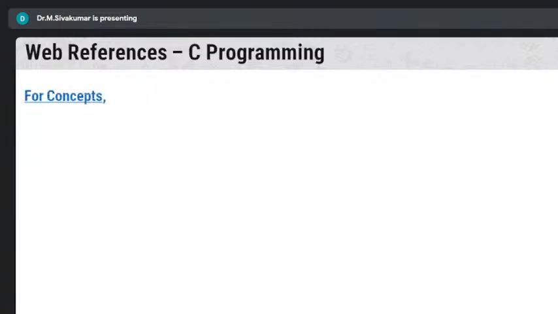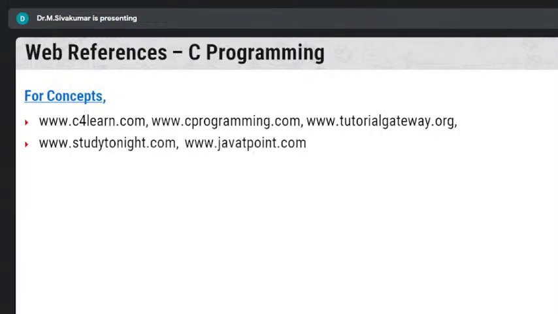And finally, I'm just suggesting some web references here. So please, these are all prioritized websites. Why I'm giving C for learn: for theoretical things, if you want to learn anything, go with C for learn. And for C programming.com, the theoretical content and second topic are good.